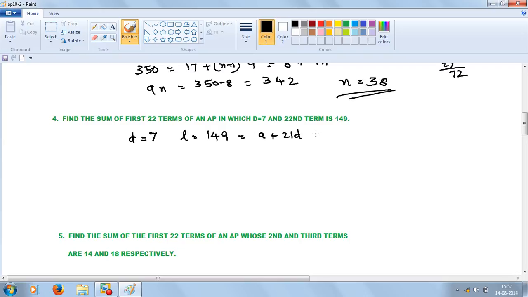That is A plus 21 multiplied by 7, which is A plus 147. So the last term 149 is equal to A plus 147. What is A? A is equal to 2.